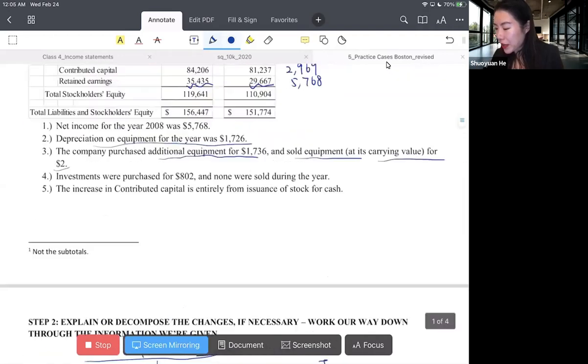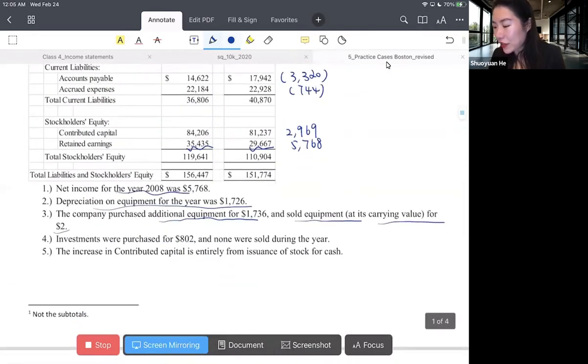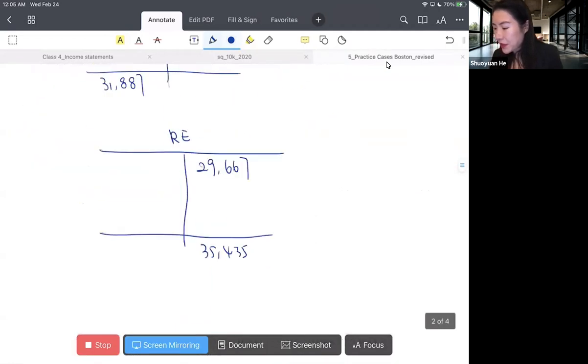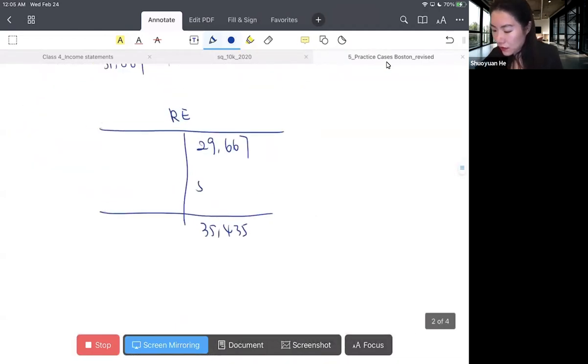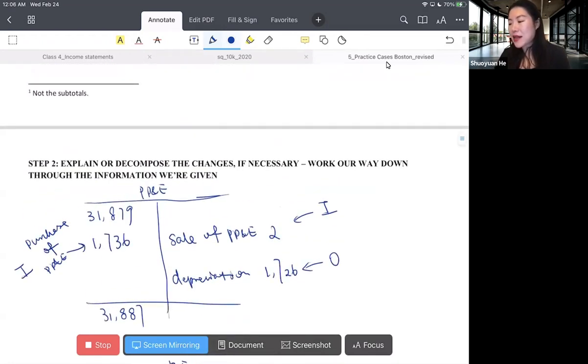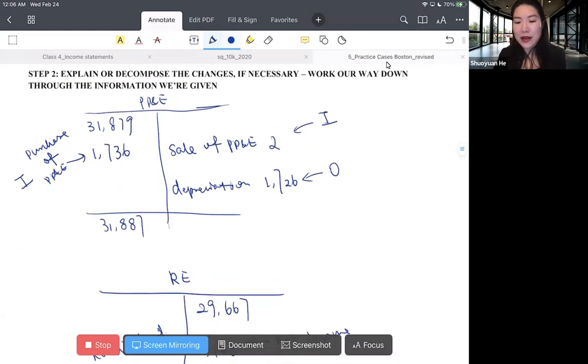The change is because the firm has net income for the year, 5,768. And the firm doesn't have any dividend. So that's the net income, and the firm has no dividend. So this is the second step, to decompose some of the accounts.